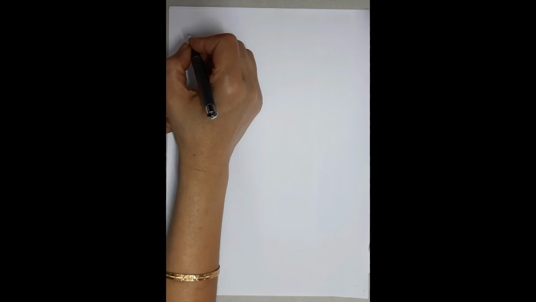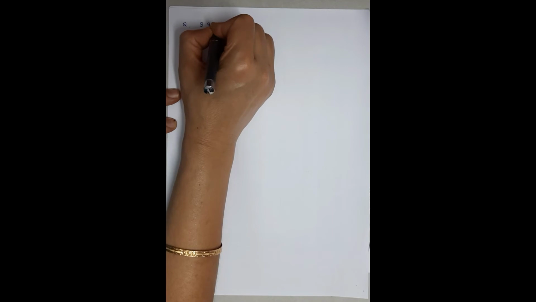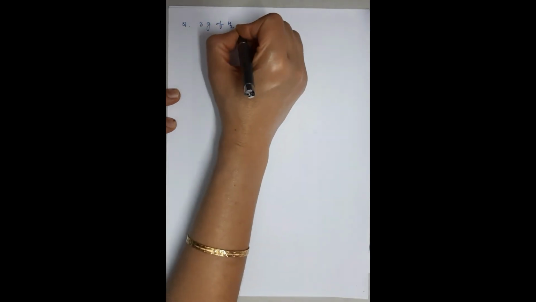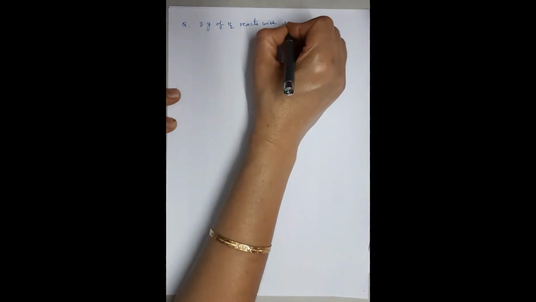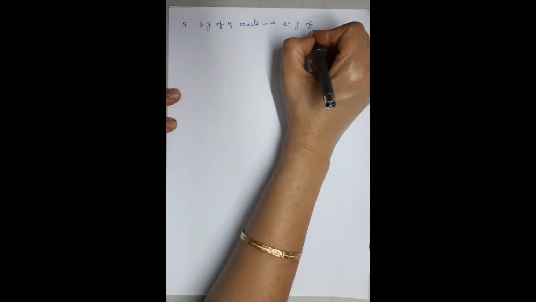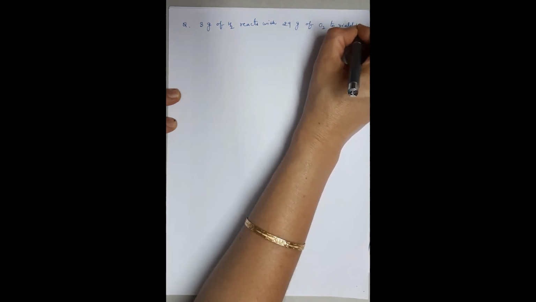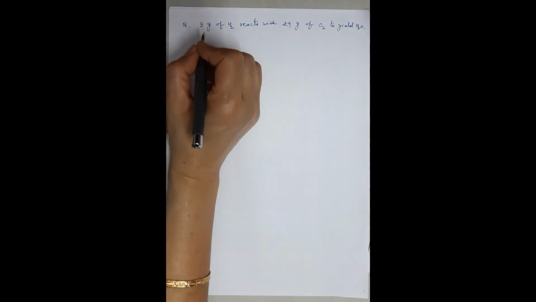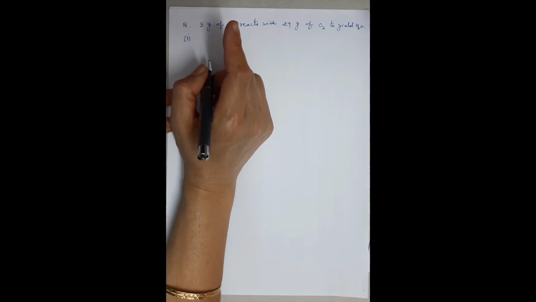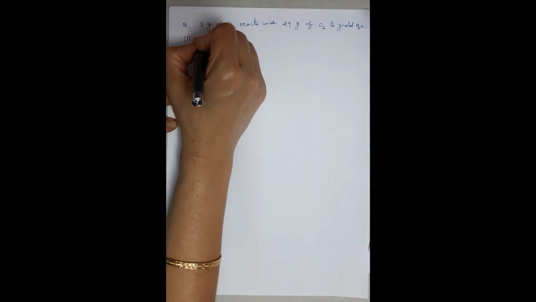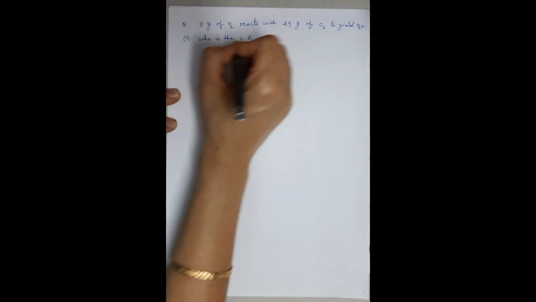Beta, see the question here. 3 gram of H2 reacts with 29 gram of O2 to yield water. This is the information which is given to you, and there are 3 questions which they are asking. First one is, who is the limiting reagent?